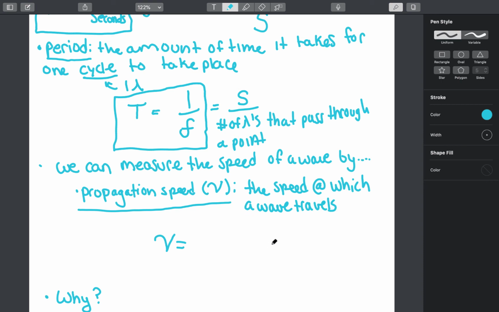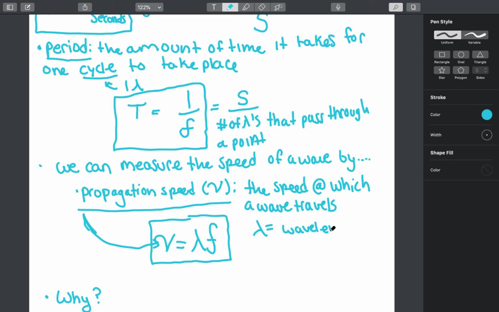Now the formula for propagation speed is lambda times the frequency, where this little mu type symbol here represents the propagation speed. Lambda is equal to the wavelength, and f, of course, is equal to the frequency.